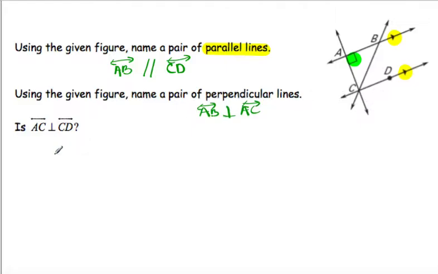All right, and then they're asking, is AC perpendicular to CD? Well, if AB is parallel to CD, then they will end up being perpendicular to AC. If one is perpendicular, the other will end up being that way, because we already know about slopes. The slopes of parallel lines are the same, and the slopes of perpendicular lines are opposite reciprocals.